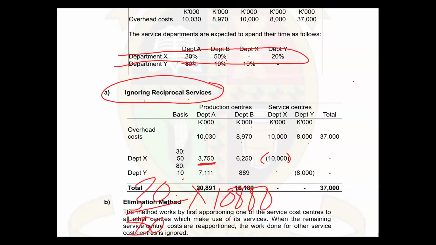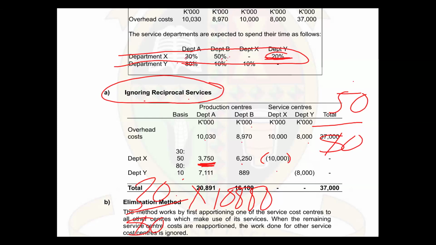This is how much you put on this side. Then when you want to go for B, what is on B is 50, right? So it will be 50 divided by 80. Look, we're not saying over 100. Why? Because this 20 has been ignored. It's not part of the conversation. We are dealing with the non-reciprocating departments, so we have just dealt with these two departments.